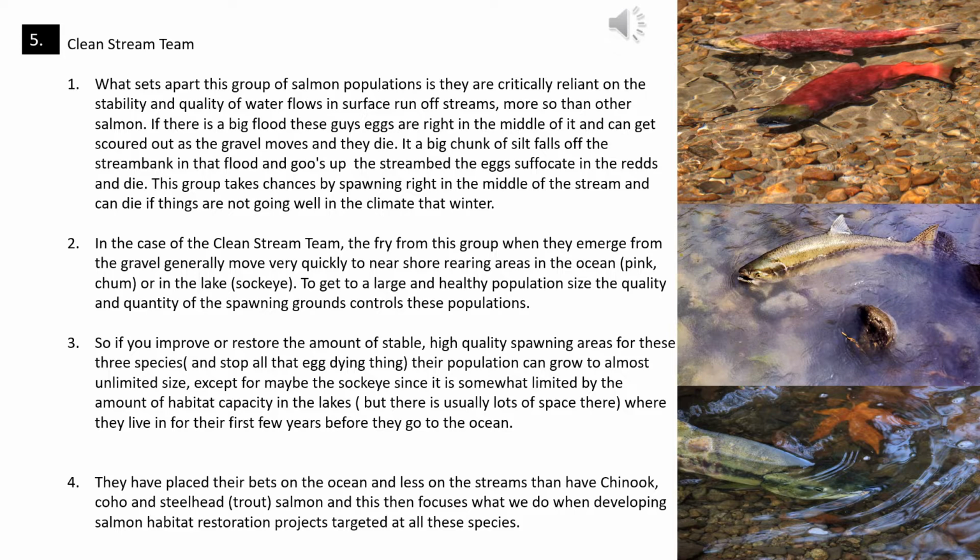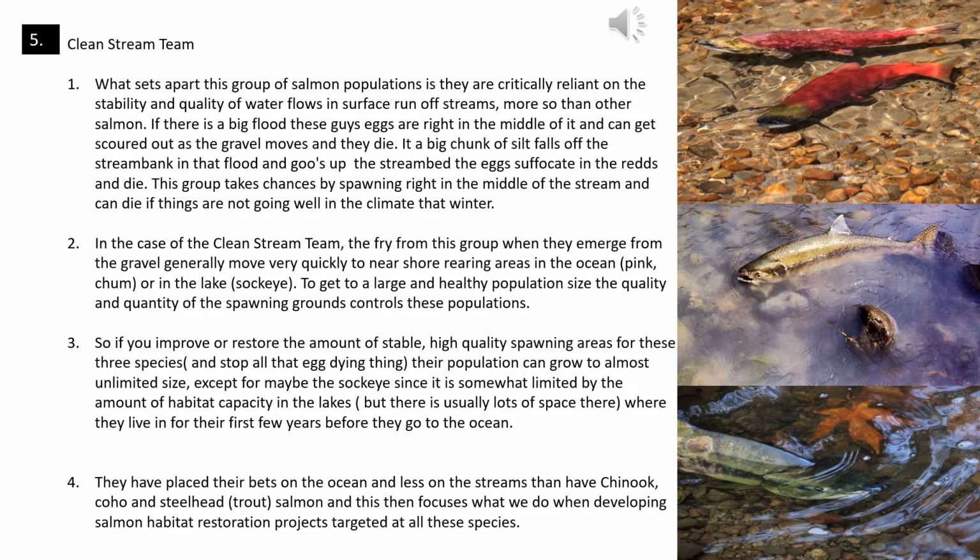That's pink and chum. Now there is an exception, that's sockeye, which are somewhat limited by their mini ocean. They go to the lake, and those lakes do have capacity, but generally there's a lot of capacity in lakes. So they're going to live there for a few years before they go to the ocean. But generally speaking, it's the spawning grounds that dictate how big the populations can get.